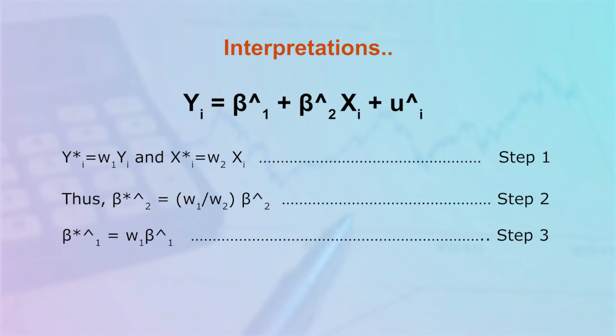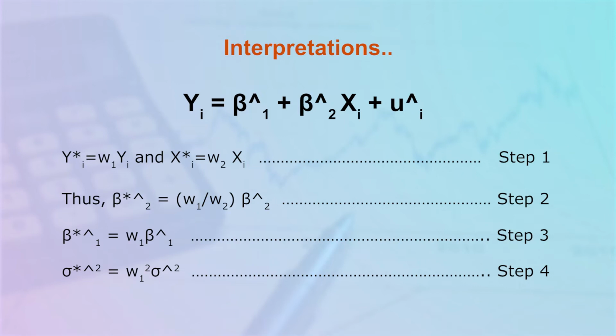If we want to comment about the sample variance, because that is the estimated variance, as the population variance is unknown, we estimate it from the sample, so we get sigma hat star square, which is equal to w1 square sigma hat square. So again we come back to equation or step number 4, which says the same, that sigma hat star square will also be multiplied by the weight, w1 square.